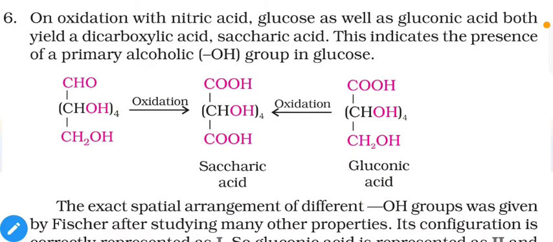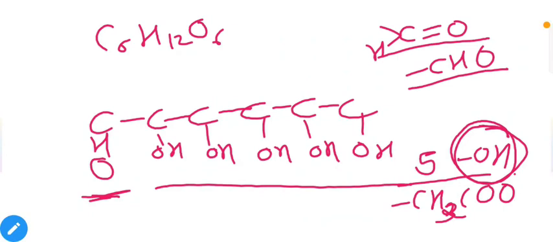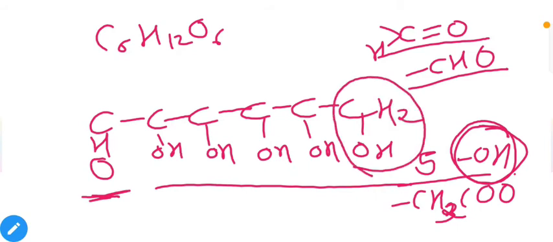So it suggests one of the OH groups will be primary alcoholic in nature. So from this point we can say that the primary alcoholic group will be present at the end, and to obtain this primary alcoholic group we have to place 2 hydrogens with the last carbon. Okay, so it will be something like this. So this is our primary alcoholic group.